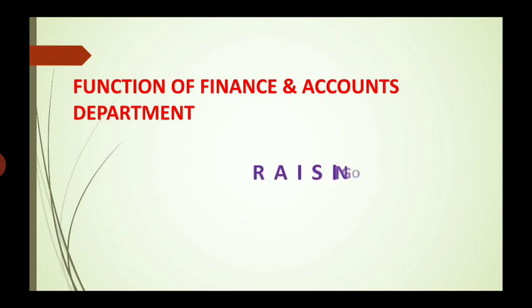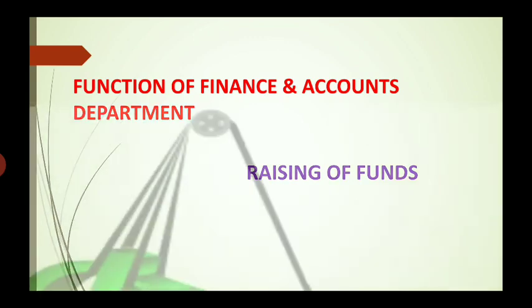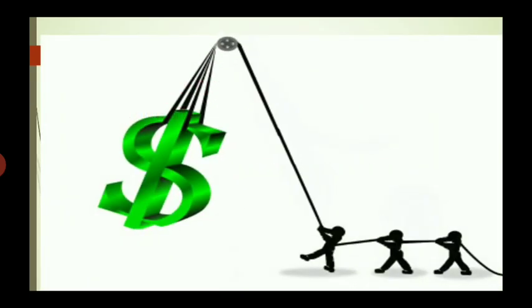Number 3 is raising of funds. After the sources of funds and the relative proportions between them are decided, steps are taken to collect the necessary funds. For this purpose, a prospectus is prepared and approved by SEBI, Securities and Exchange Board of India.